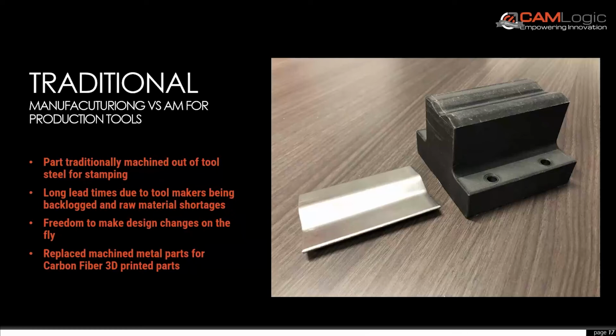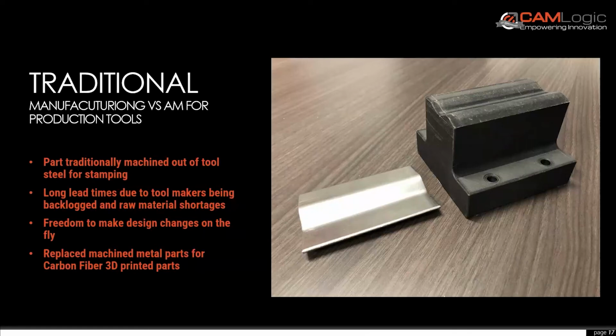That means when you press a piece of metal and form it into a shape, it's going to have a little bit of rebound. So you essentially have to overbend it to compensate for that spring back. Sometimes the engineers can nail it on the first shot, and other times it takes different tool iterations to make that happen.